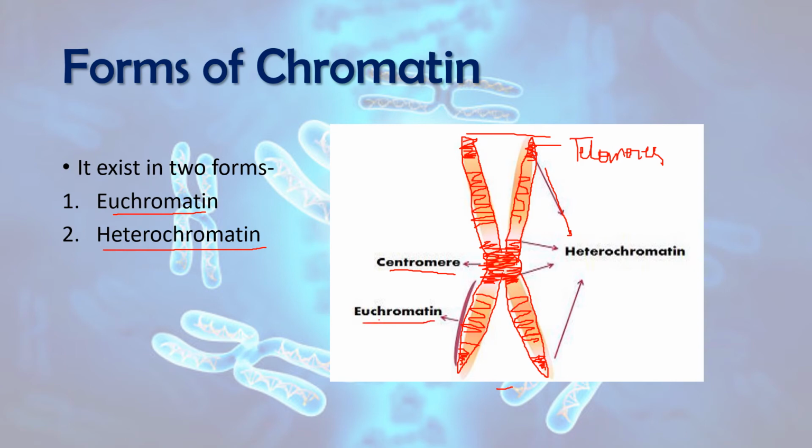The genes which are present in heterochromatin are very tightly packed, so they are inaccessible to the polymerase enzyme. So no transcription takes place at the heterochromatin. On the other hand, this chromatin is lightly packed, so it is accessible to the polymerase enzyme. So transcription happens in the euchromatin region.